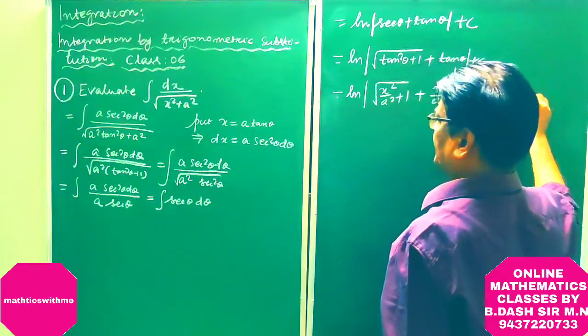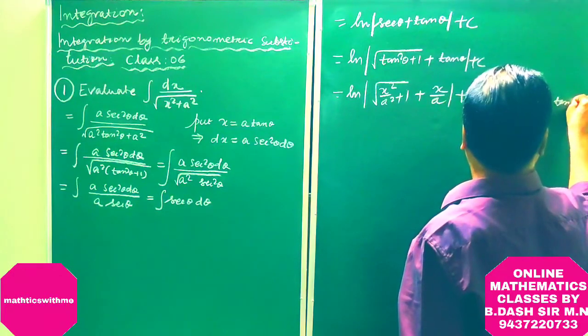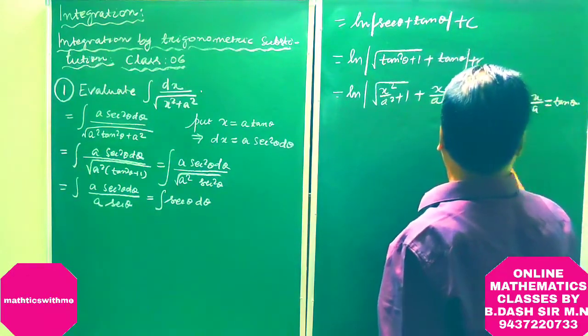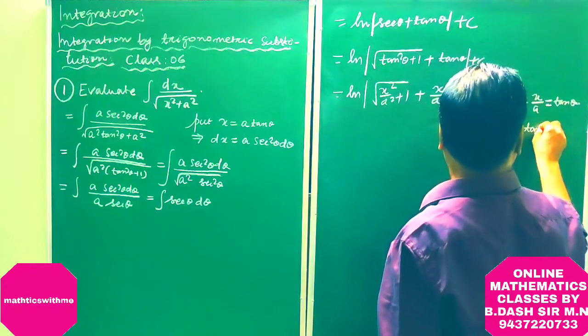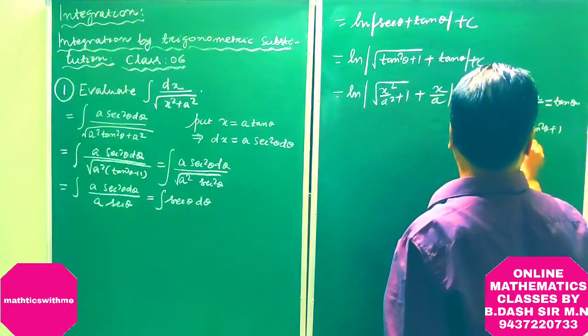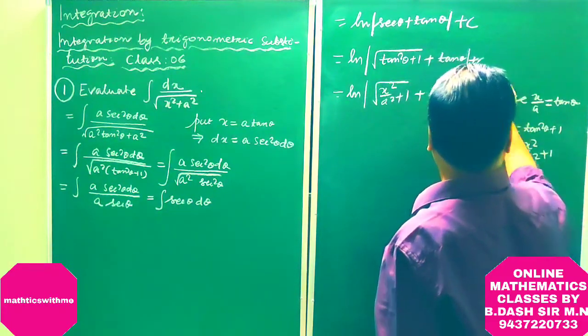Here x by a is equal to tan theta, and sec square theta is equal to tan square theta plus 1, which is x square by a square plus 1.